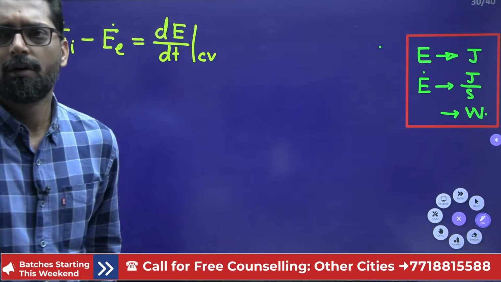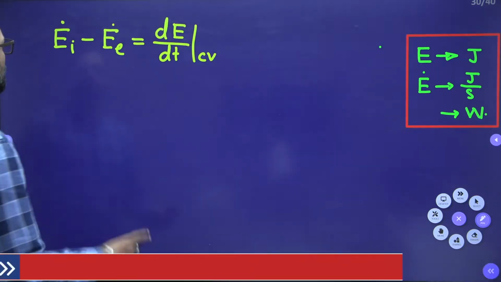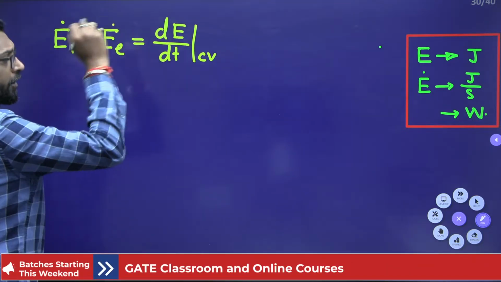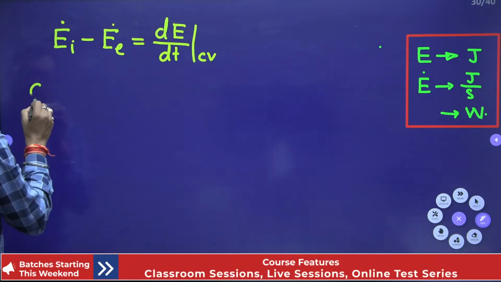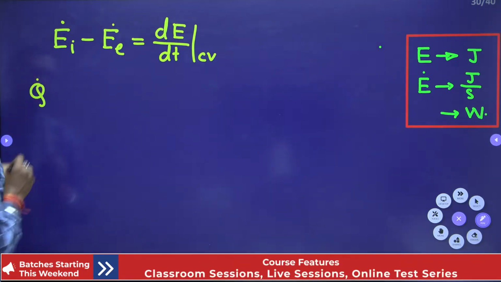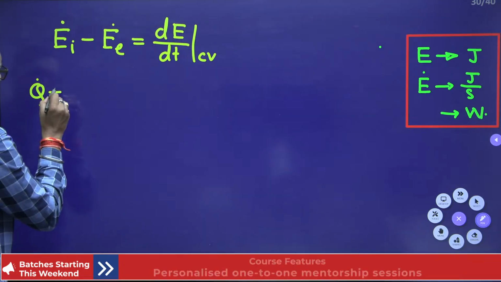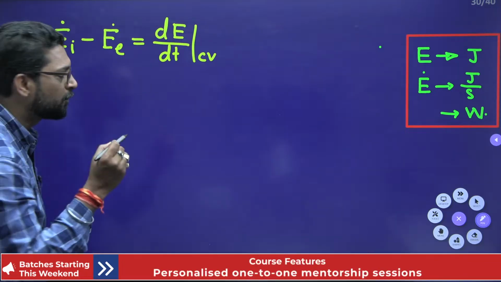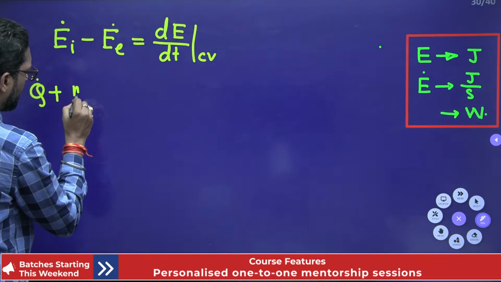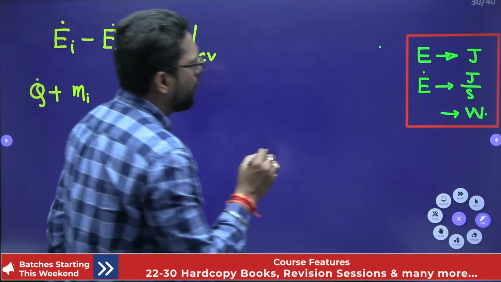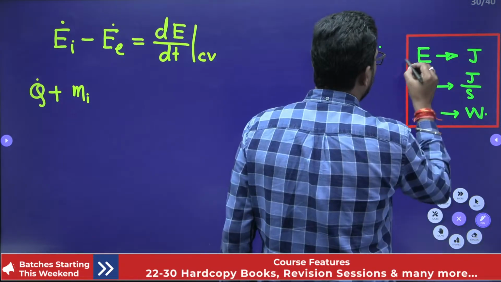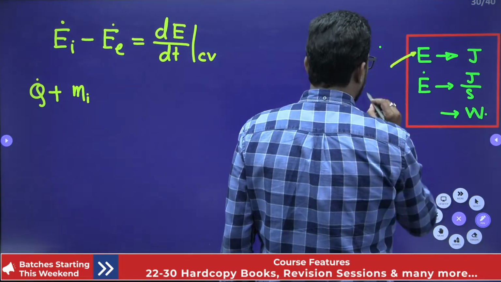So in the form of watt, the rate of what is in heat is into the system, plus what is in mass is into the system. That means Mi along the mass, and this E is what?